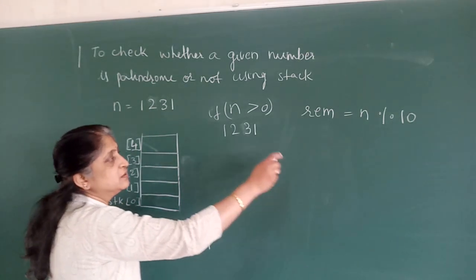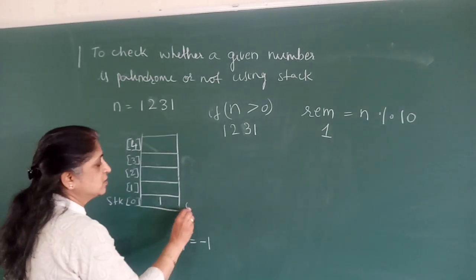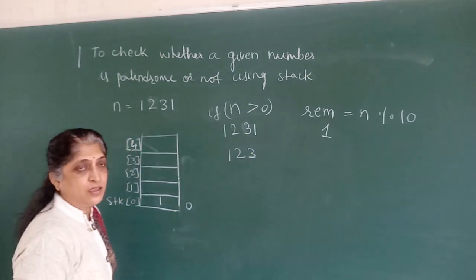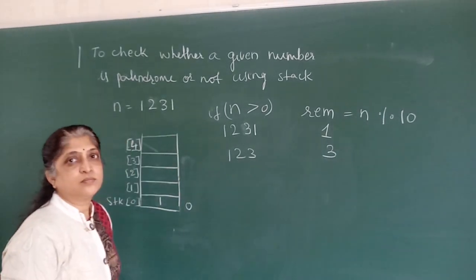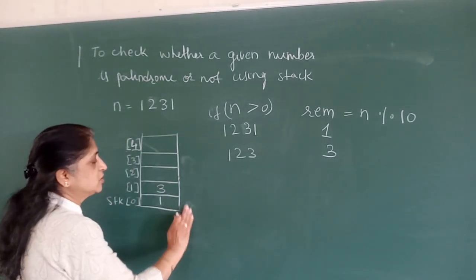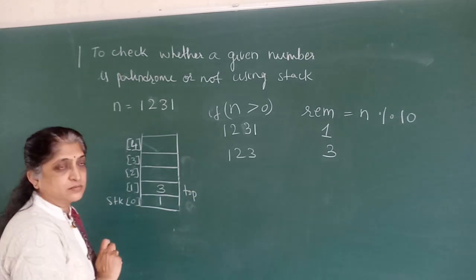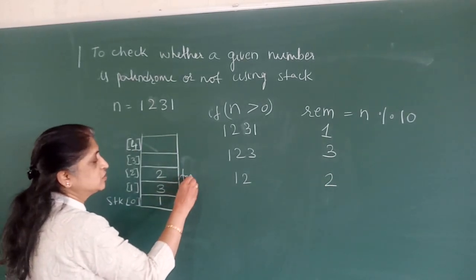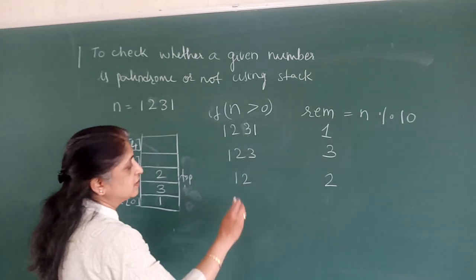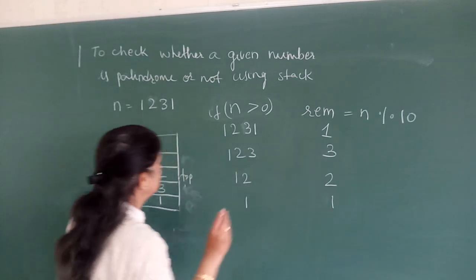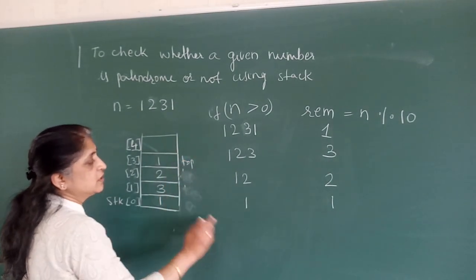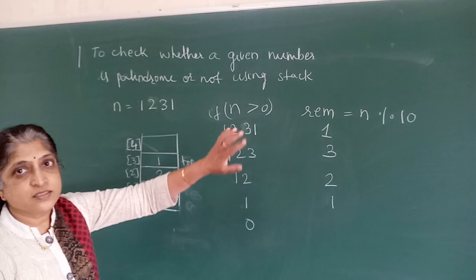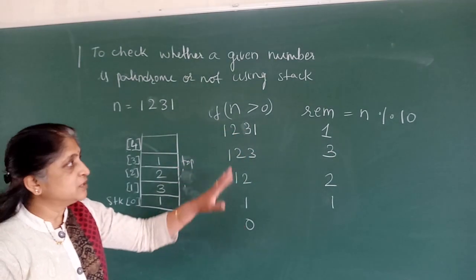So 1231, remainder is 1, push 1 to the stack, top is 0, then divided by 10 it is 123, find the mod, remainder is 3, push it to the stack, top is 1, divide this number by 10, it's 12, remainder is 2, push 2 to the stack, divide again by 10, it becomes 1, remainder is 1, push 1 to the stack, now divide 1 by 10, the quotient is 0, that means n greater than 0 is false, so stop the loop here.